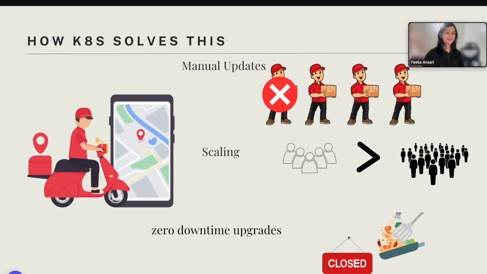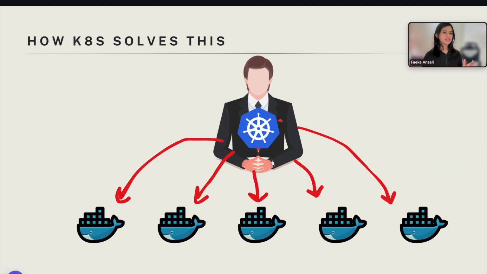The zero downtime upgrade is also very relatable to a food delivery app. Without Kubernetes, if you wanted to add a new dish to the menu, you would have to close the restaurant to build the new dish. But with Kubernetes, the whole restaurant will stay open while the new dishes are gradually added, so the customers are never affected. That is how Kubernetes solves so many problems. Kubernetes is like a very smart manager for your Docker containers, your Docker boxes or software packages.